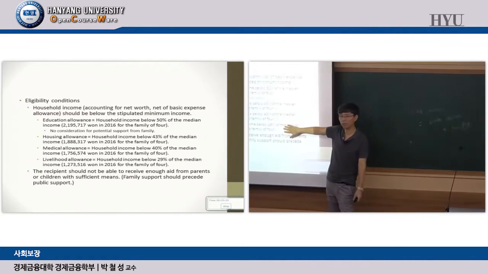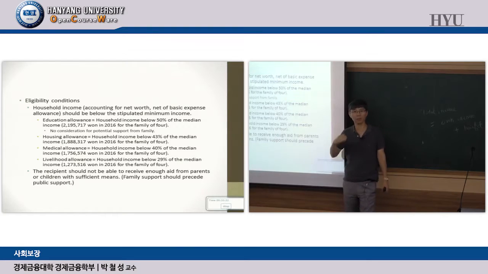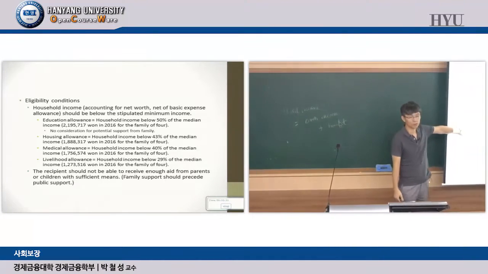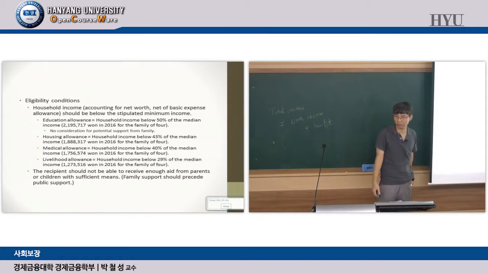Okay, because 29% of the median income is still above the minimum cost of living. So you will see that the number of beneficiaries has increased in 2015 because they just raised the threshold.